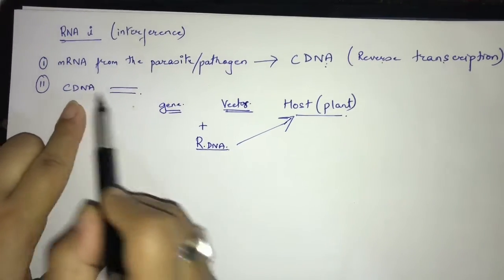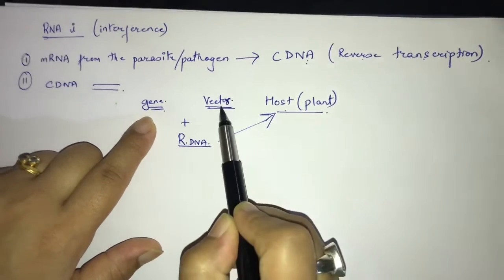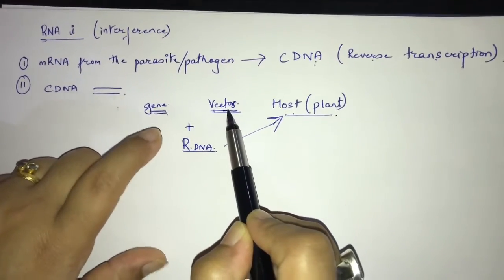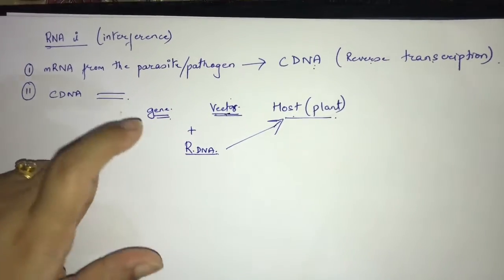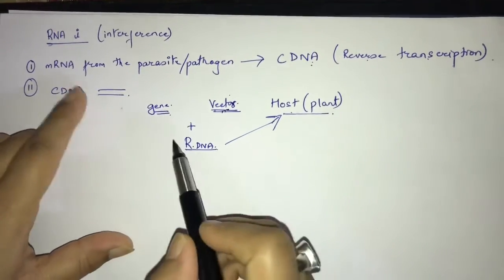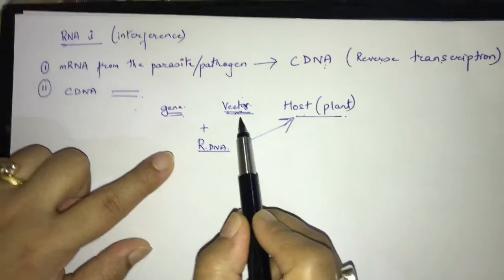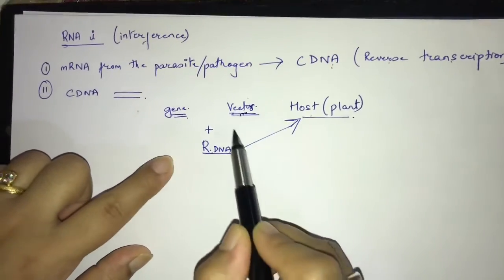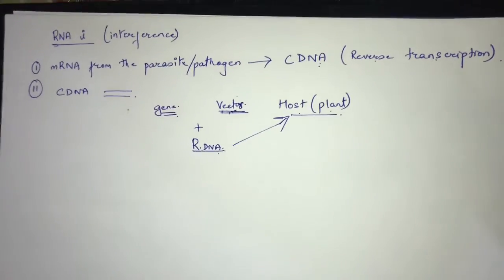That DNA is now introduced into the host plant using agrobacterium vector, soil bacteria as a vector. First of all, cDNA along with the vector DNA, that is soil bacterium DNA, forms recombinant DNA, and that is introduced into the host plant.